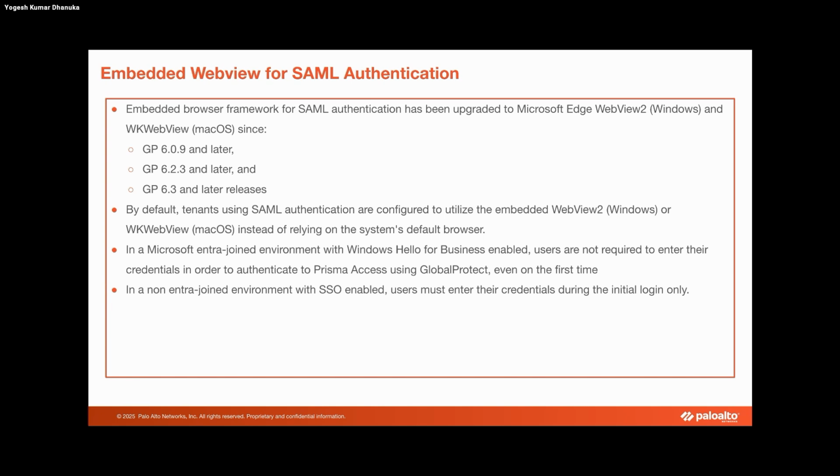If you're using older clients, and with time either the macOS or Windows has been upgraded, the embedded browser for SAML might not work well, or there might be some errors. The latest GP client has changed which web view from the system it uses, which works better for the embedded browser.